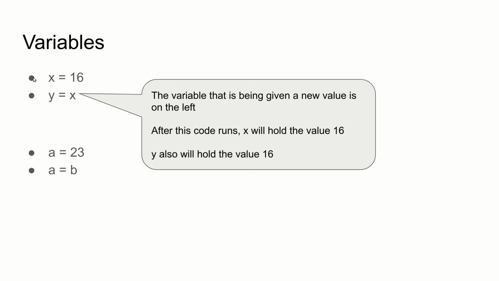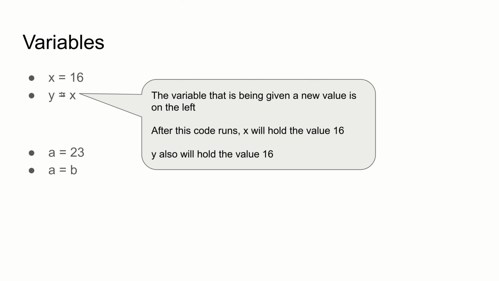I like to say it as x gets 16 or x is assigned 16. The variable that's being given a new value is on the left, and then whatever we put on the right-hand side is what will be the new value that has the variable name y, for instance, in this example. So y is the variable name, and it's getting x assigned to it.